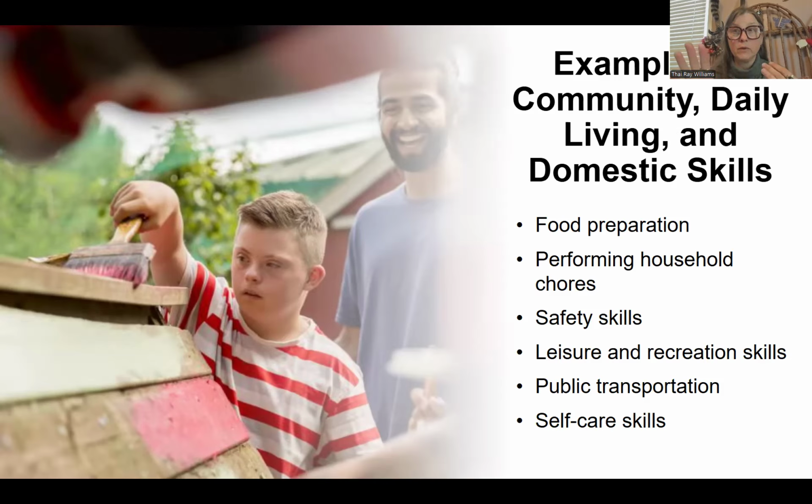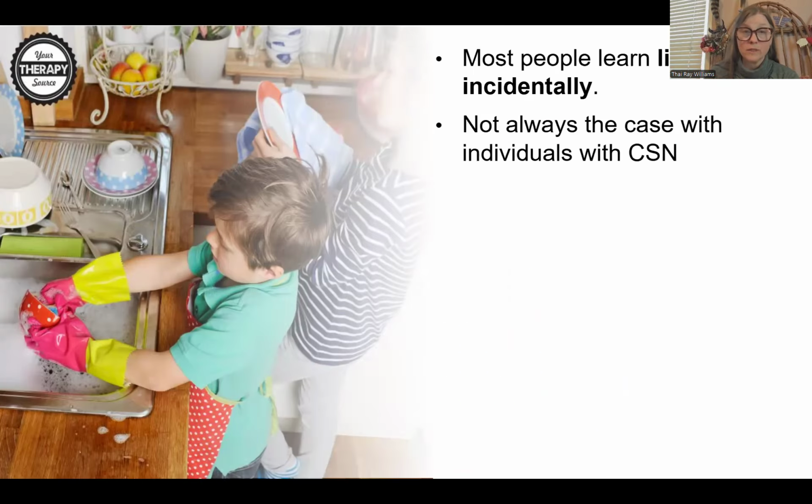They're not very frequent. We have a few of them, and that's different compared to a big city, right? But we have a bus system. We have access to walking. A lot of things are within walking distance, but it may be very different for you if you're in a more rural area or a more urban area. Also, think about self-care skills, all of the things that you do to care for yourself throughout a day. Those are examples of skills that we also want to teach our students.